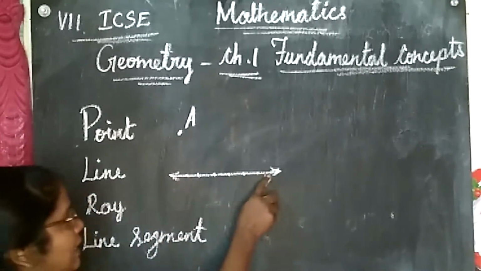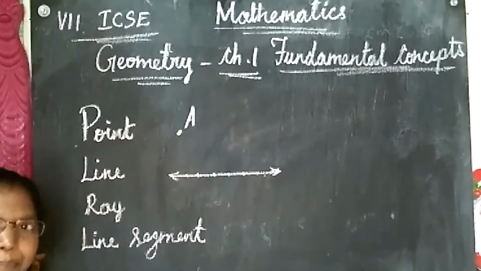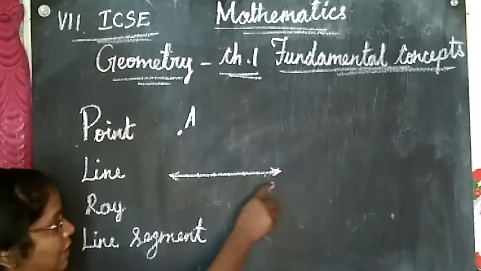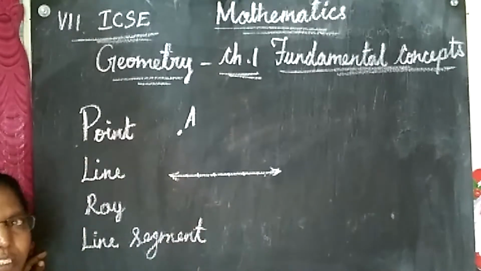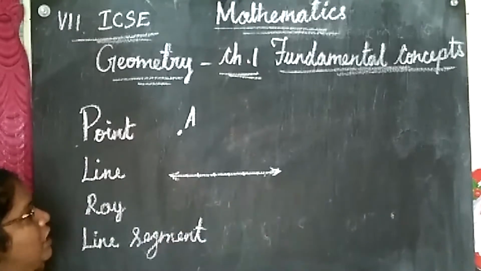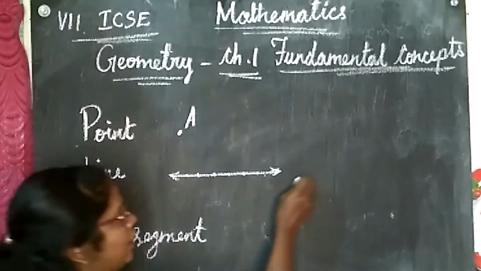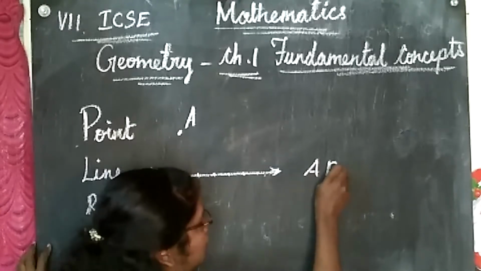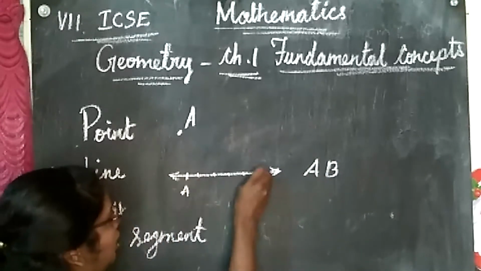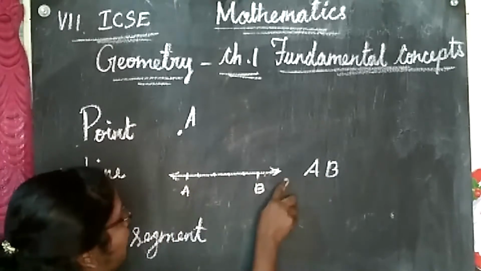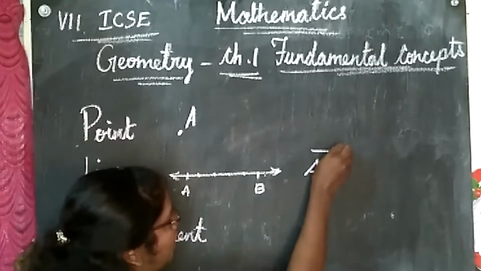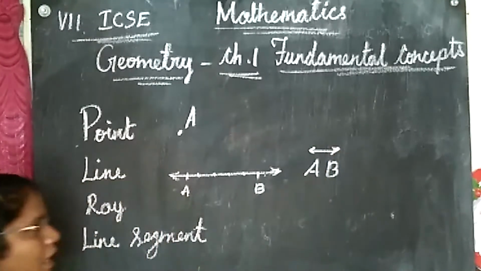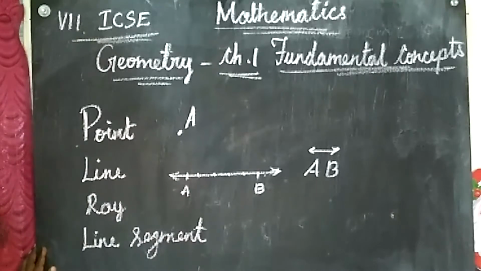It has length but it doesn't have breadth, no thickness, only a single line. It is called a line. This line can be represented, suppose this line has A here and B here, it can be represented as AB with a small line on top. Understood? This is called a line. Next is ray.